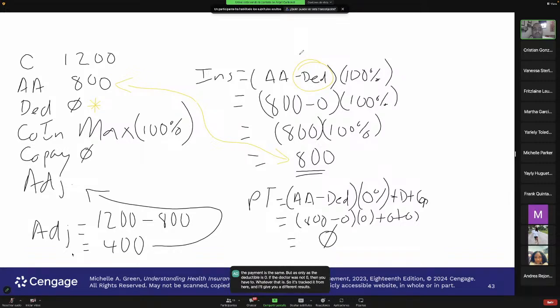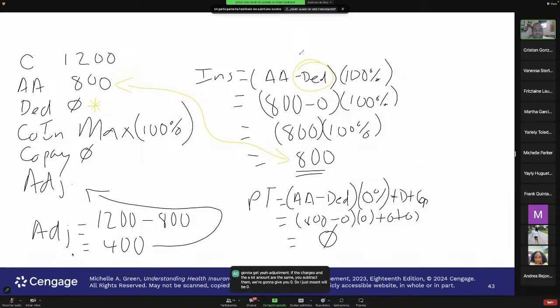Okay, so one step at a time. If charges and allowed amount are different, you subtract them and you get the adjustment. If the charges and the allowed amount are the same, you subtract them, it gives you 0. So adjustment will be 0.